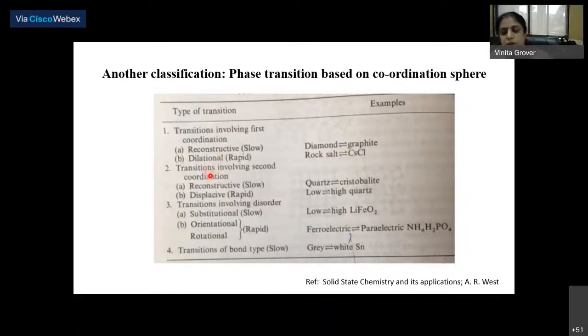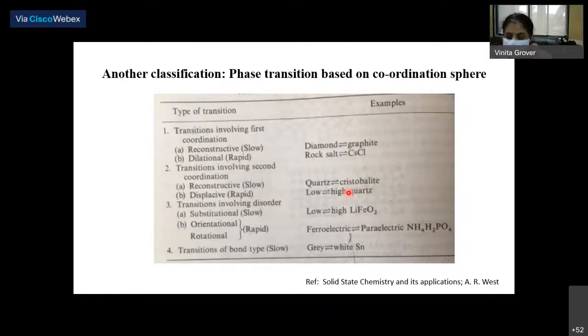Transitions involving the second coordination sphere: as I told you, in various polymorphs of silica, the SiO4 unit is intact. Dilational is that which expands or contracts. So in silica, your basic SiO4 unit in all the silica structures is intact.